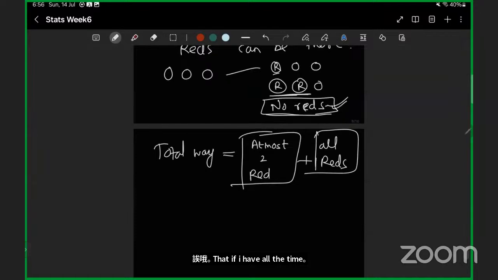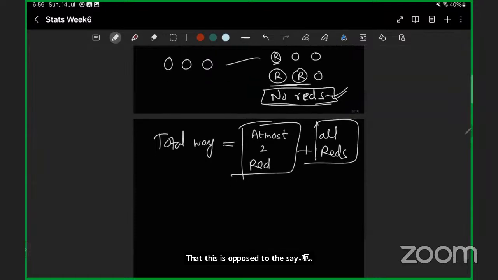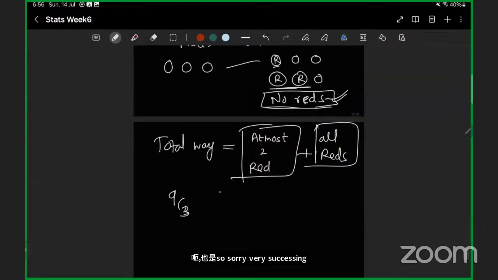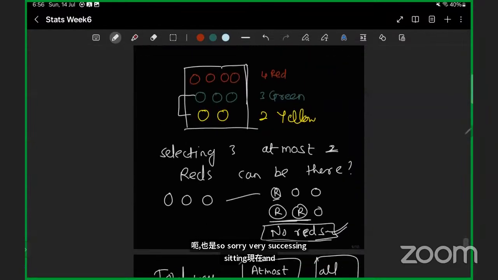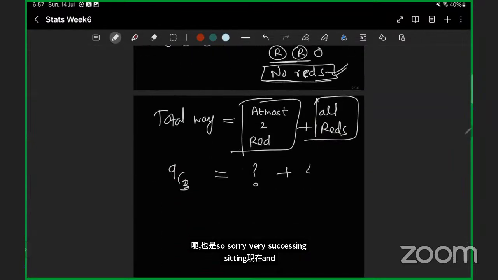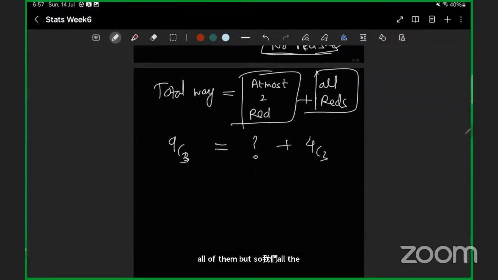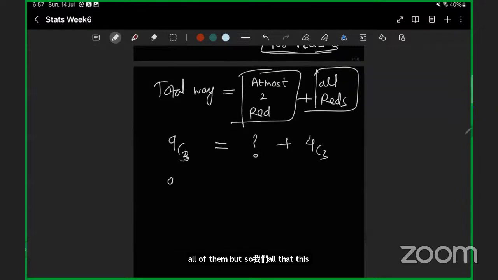Total ways to select is 9C3, since we have nine balls. I want to find out the ways where all of them are red. I have four red balls and I want to select three, so all red is 4C3. So I can do 9C3 minus 4C3.